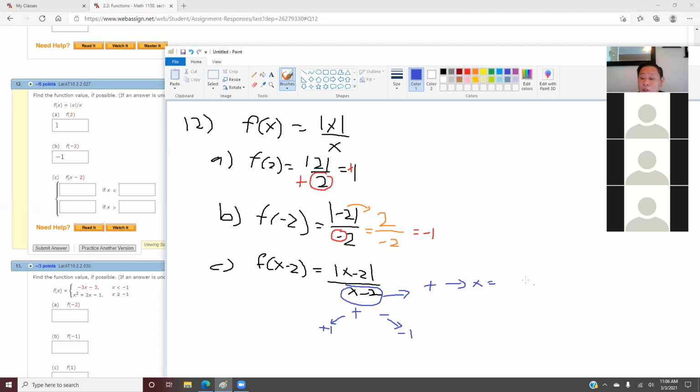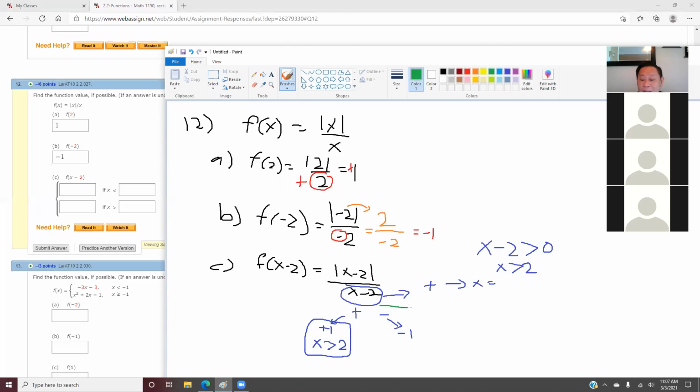We just use our inequality. x minus 2 is greater than 0. Greater than 0 means it's positive. So what happens when you solve for x? You get x is greater than 2. So when x is greater than 2, any number greater than 2 you plug in, you get a +1. How do we figure out the -1?